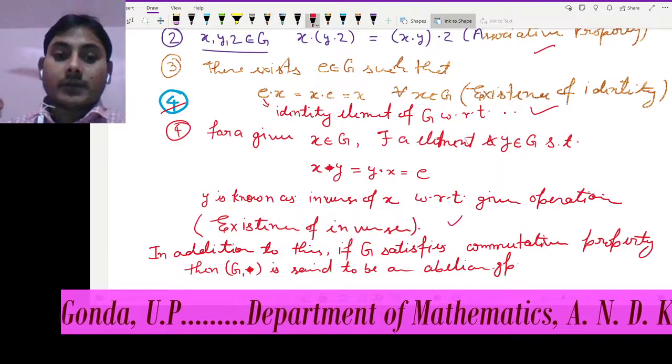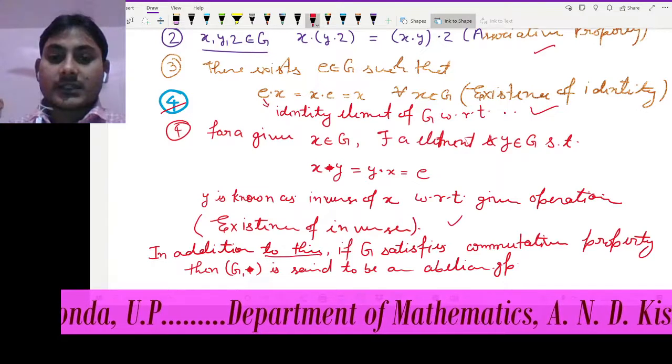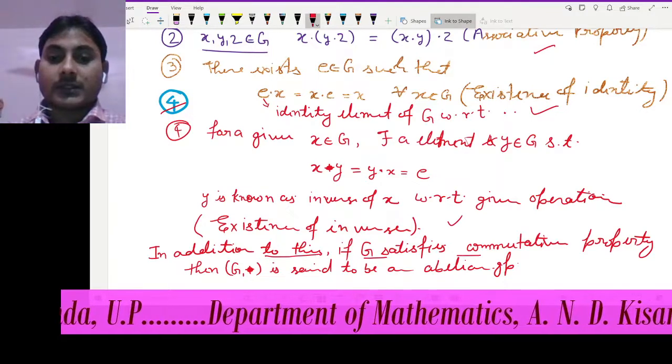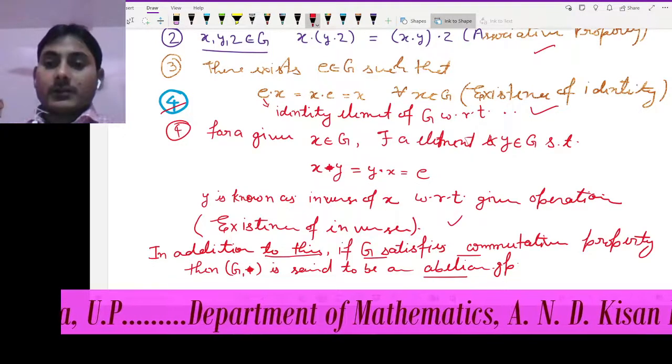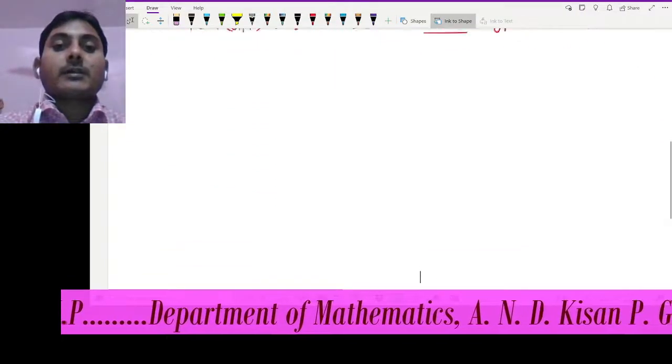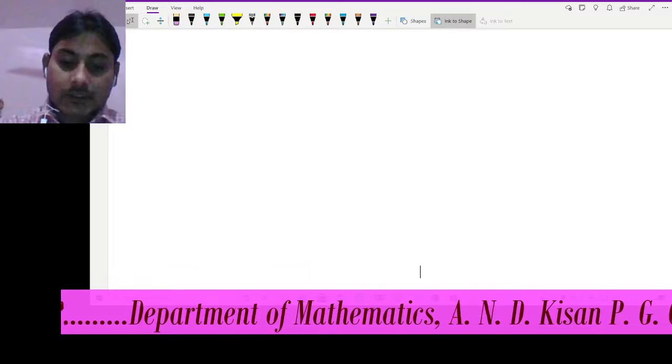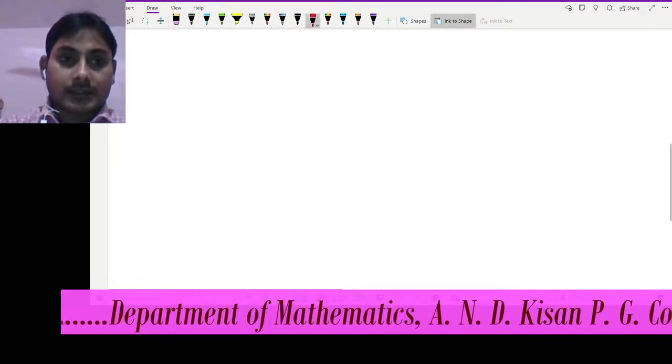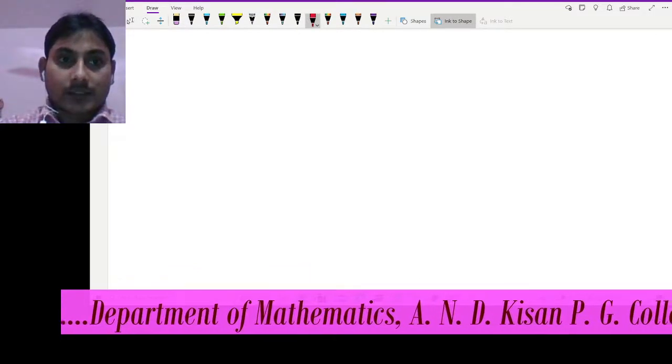And in addition to all these things, if G satisfies the commutative property, then we say that it is an abelian group. Now I am going to provide you several examples related to the previous lectures.